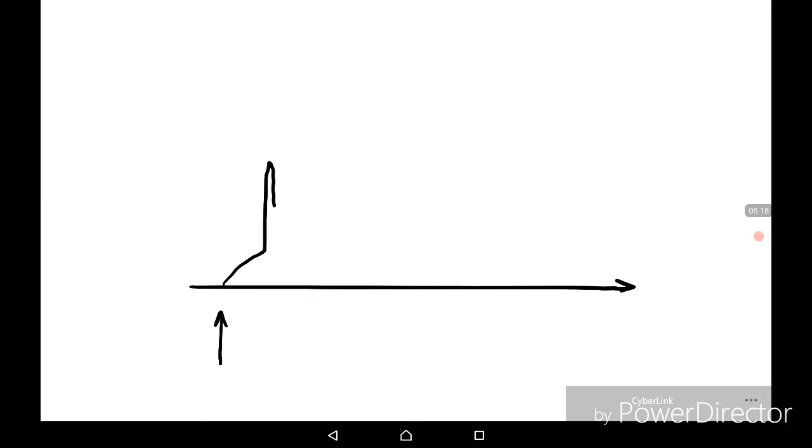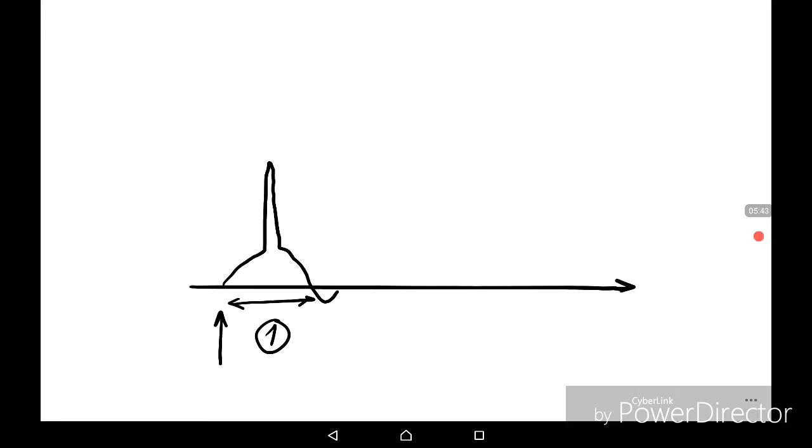Latent phase. At that period, only excitation of the membrane of the muscle fiber may be measured. No contraction. So first phase is called the latent phase. So we have no contraction.